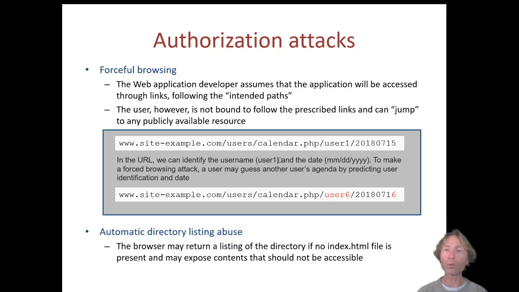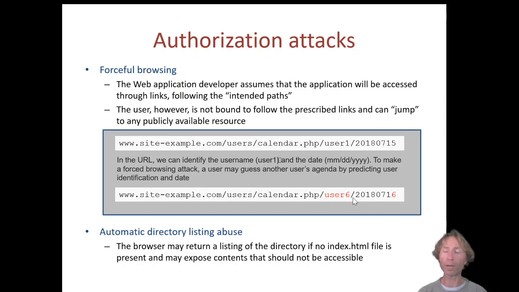So in this example, we see that there is a calendar for a particular user, and the calendar has, in this particular case, a date. And what we can do as an attacker is try and see whether we can also maybe get access to somebody else's calendar and maybe for other dates. So we tamper with some of the elements that we see here, okay?